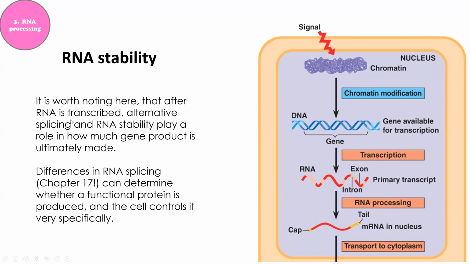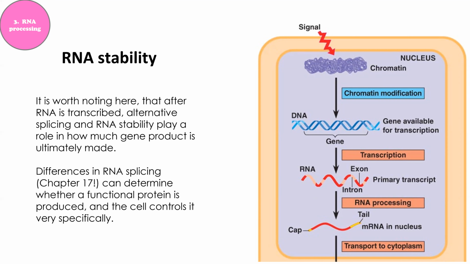Okay, so I didn't want to spend a lot of time talking about it again now because we just covered this in chapter 17. But once your RNA is transcribed, this RNA processing step is also going to contribute to gene expression. So RNA stability, how long is the RNA around? Once we put this out into the cytosol, if the RNA is stable, we can continue to translate off of it repeatedly and get more protein from it.